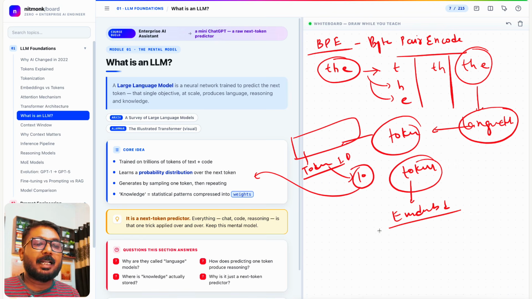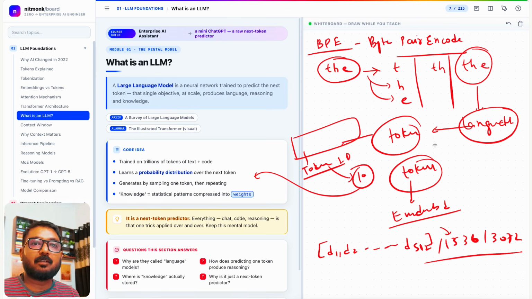In embeddings, we try to capture a list of different parameters. Like D1, D2, till let's say D100, 1512, 1536, or say 3072 dimensions, for each and every single word. So let's say we have 150,000 words, and for each word we have 1536 embeddings.